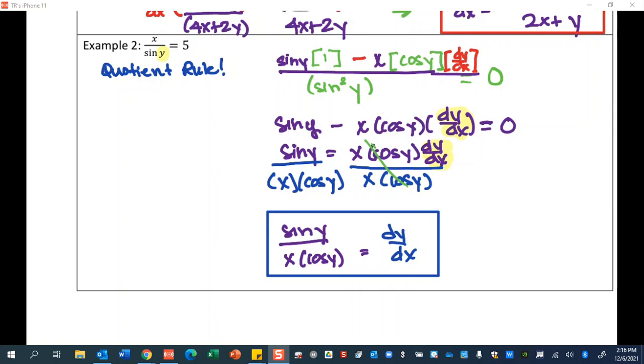Yeah, so why is it that when you take the derivative of sine of y, why is that cosine y times dy dx? Because that's my cosine rule. When I take my derivative of sine of y, I get cosine.